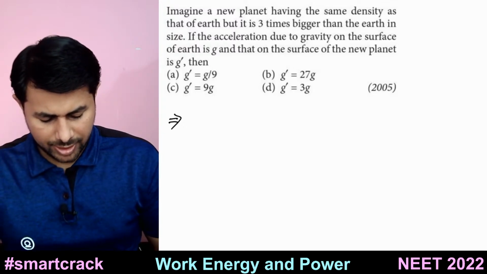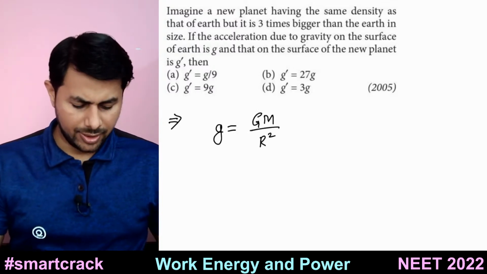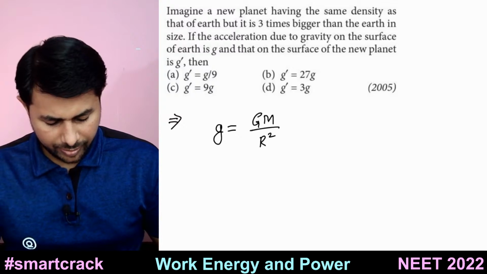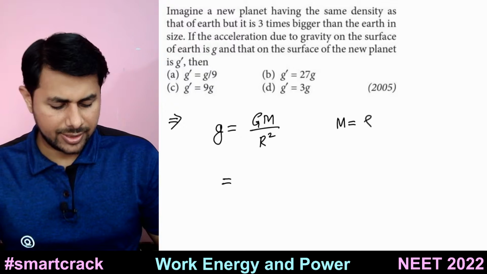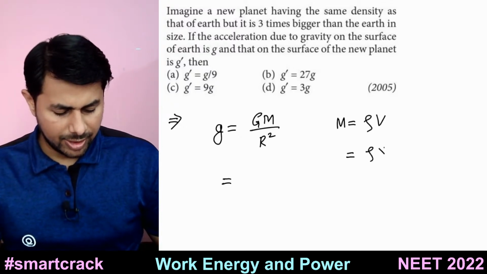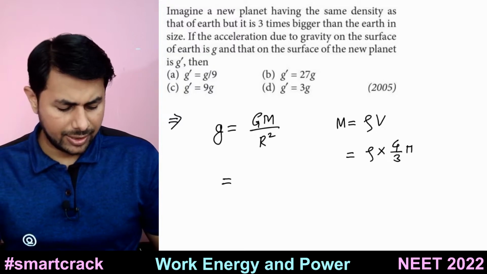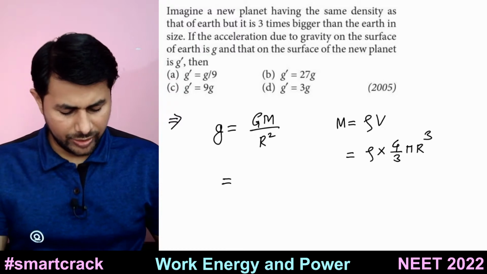So we have this formula, g is equal to GM over r square, and here we can substitute what? Mass of Earth. We can write it as density multiplied by volume. Okay, so it is density multiplied by 4 by 3 pi r cube. Let's substitute that. So what do we get?